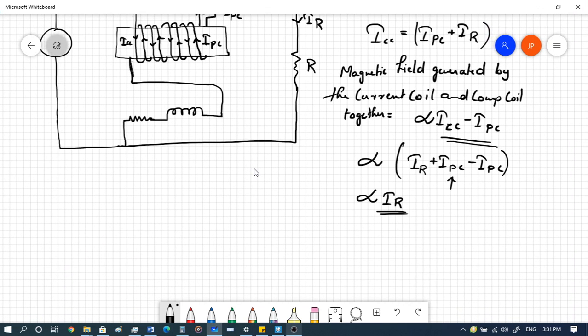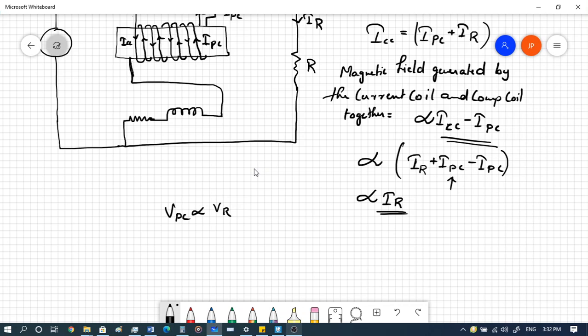Right, now the voltage coil current is determined by the total resistance of the compensating coil plus the voltage coil, and the voltage across VPC would be proportional to VR in this case.